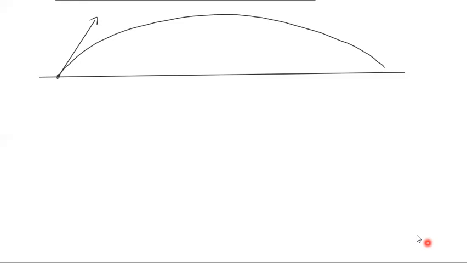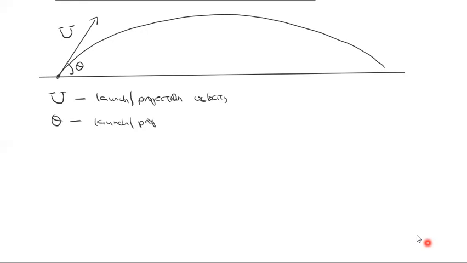All right, so we'll need to start introducing some terms here. We'll launch at u. Most books seem to use u, so I'll use u. It doesn't really matter. u is what we'll call the launch or projection velocity, and theta we'll call the launch or projection angle.